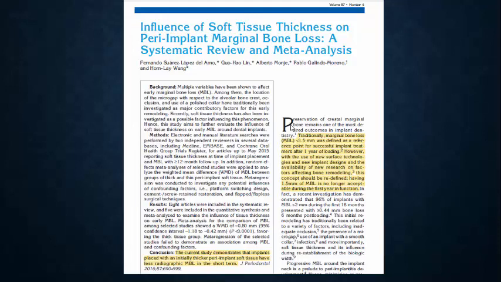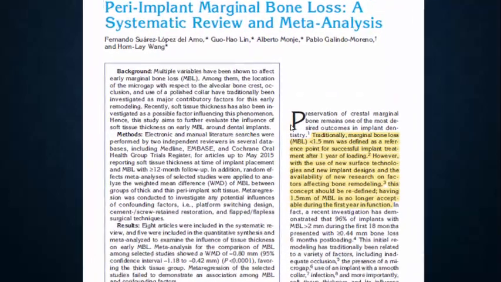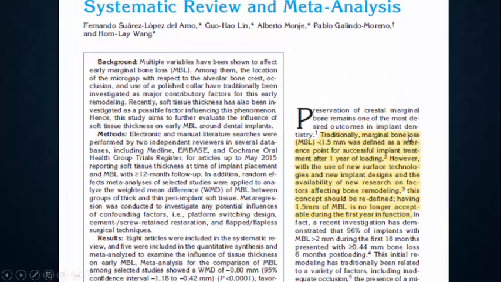This is also another study, a systematic review. They're showing that implants placed with initially thicker peri-implant soft tissue have less radiographic marginal bone loss. Here I just want to show you the introduction of this study.